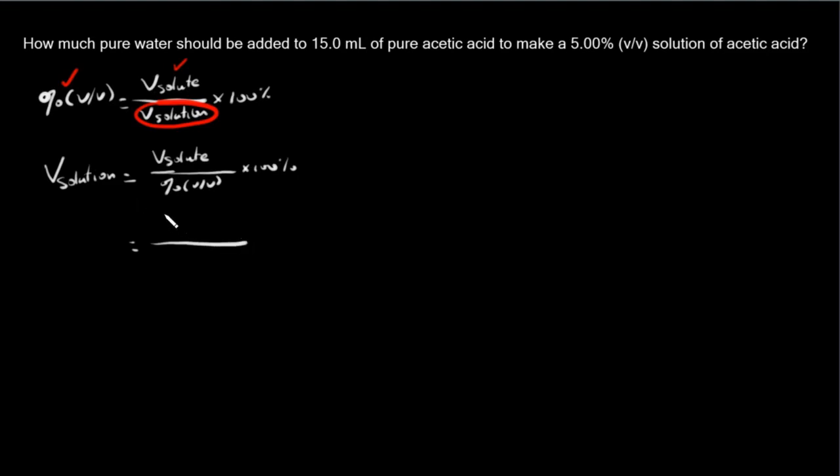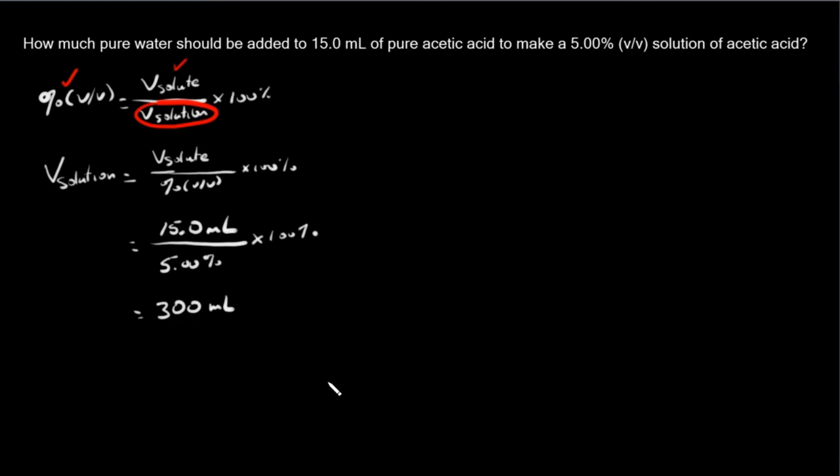The volume of the solute, the thing that's being dissolved, is 15.0 milliliters of acetic acid. We want the percentage to be 5.00%, and we keep the 100 here as well. This tells us that we need a 300 milliliter solution.